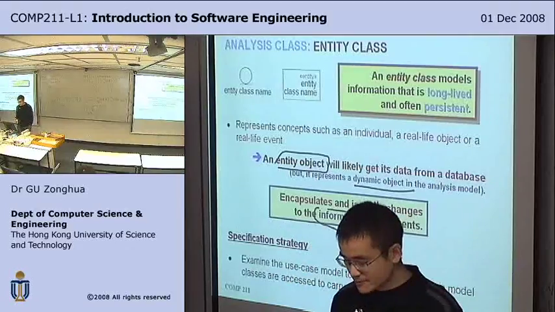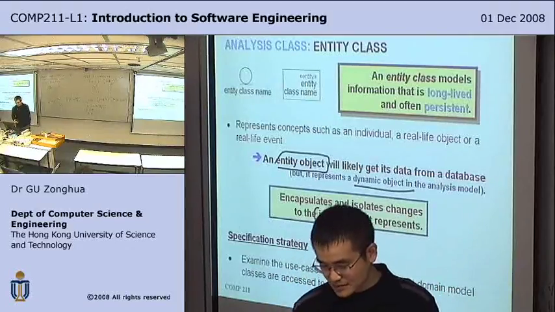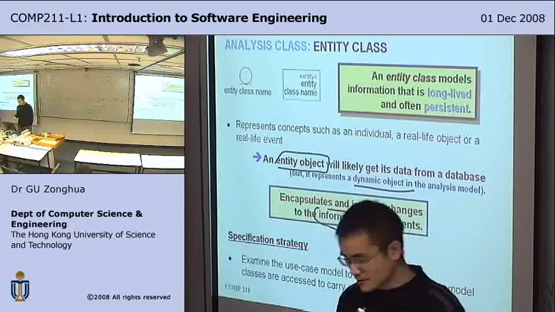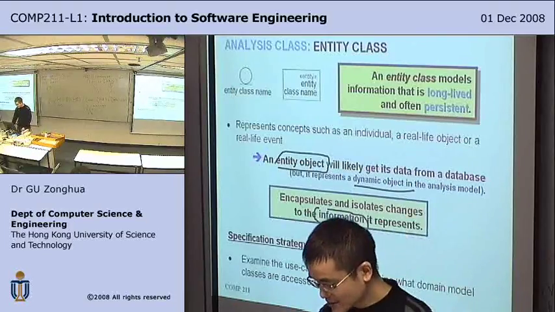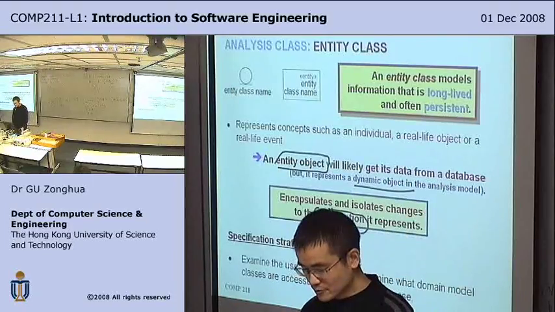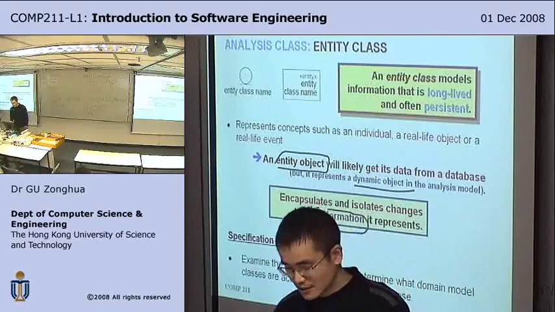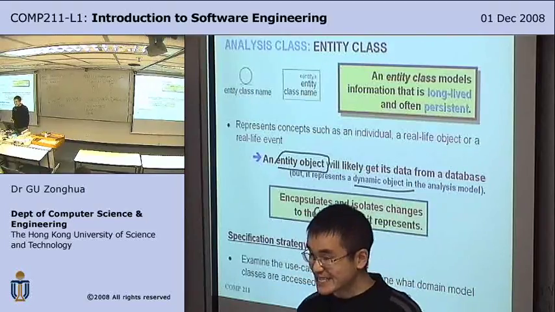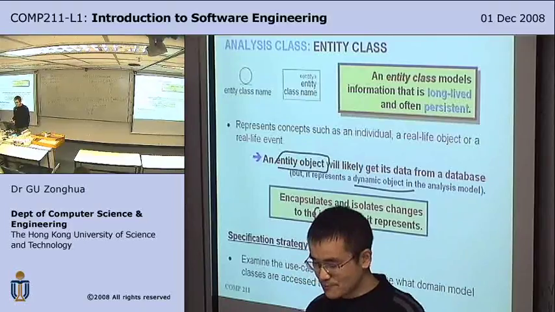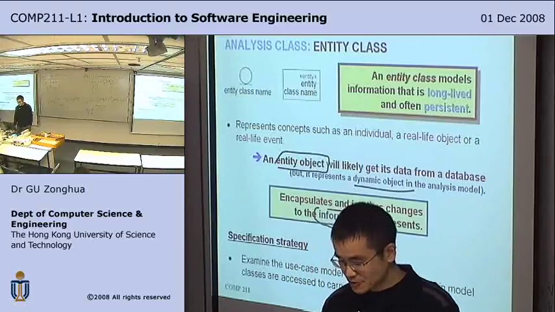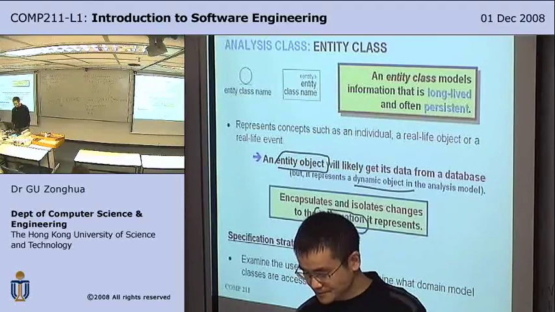So basically, you have a collection of domain model classes. To design the entity classes, you look at one use case to see which domain model classes it needs, and then write one entity class for each domain model class.